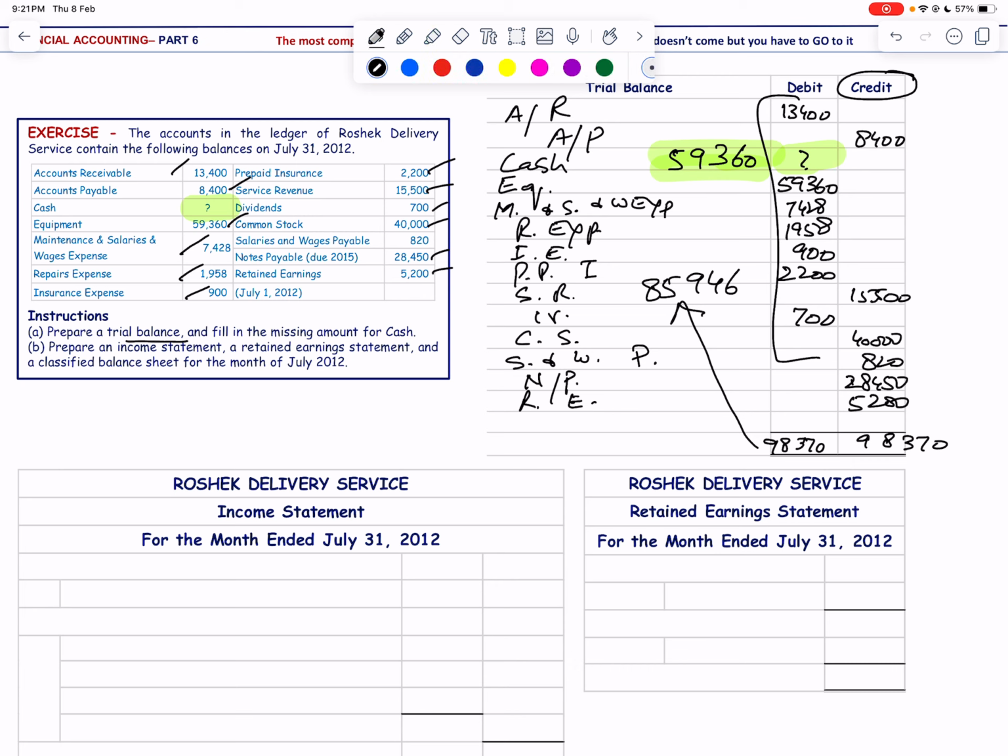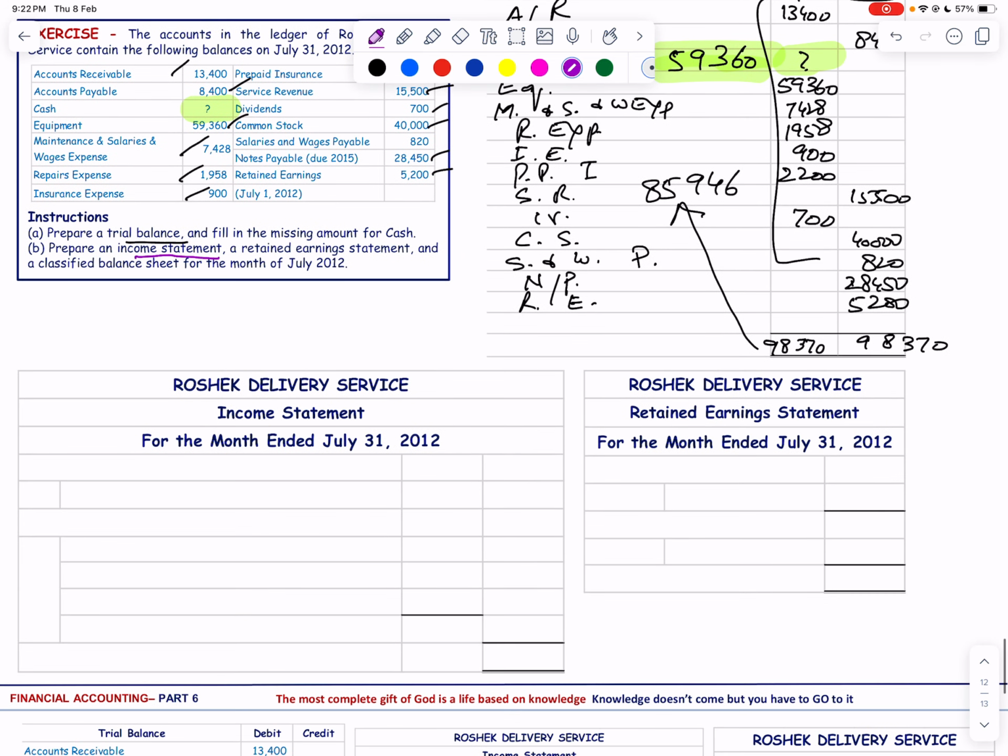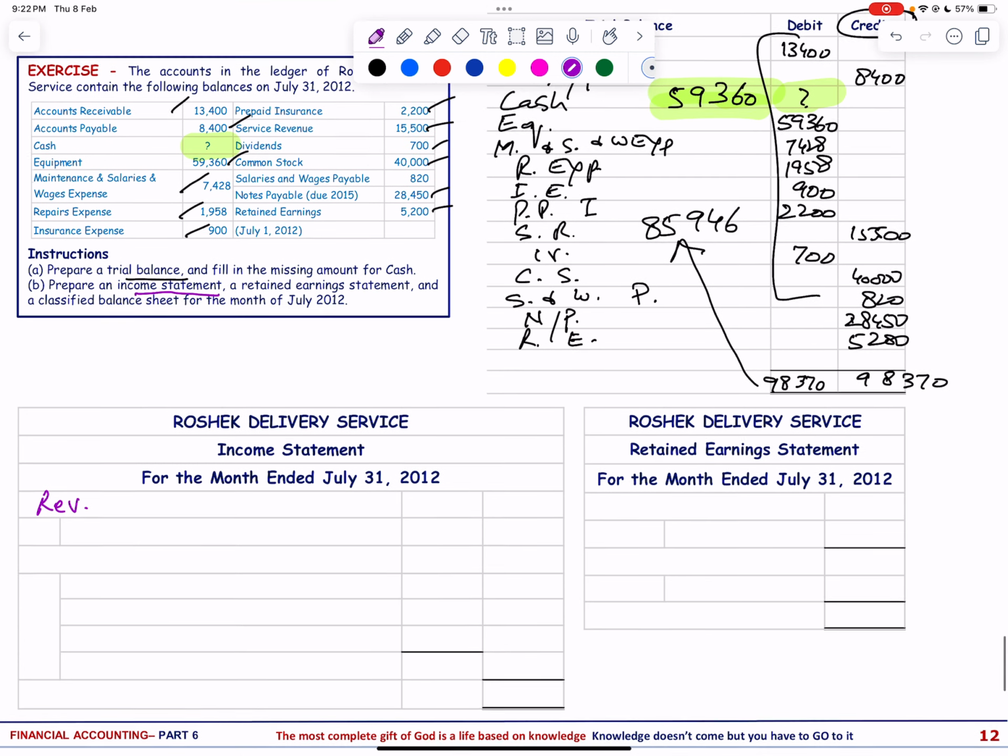Now once we have the trial balance, and we have the value for cash, now we can prepare the income statement. And for the income statement, you know that it is revenue minus expense. So we have the revenues, and we have service revenue.